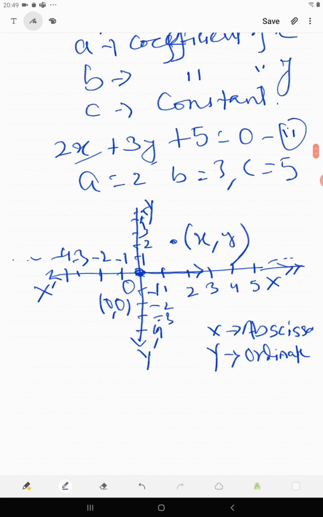From the origin, if you are going towards right, it is positive x or positive abscissa. If you are going towards left, it is the negative x or negative abscissa value. If you are going towards top, it will be the positive ordinate or positive y values, and if you are coming down, it will be the negative y values.